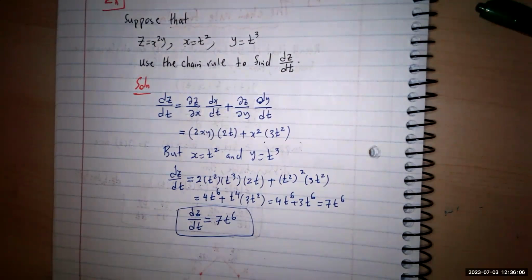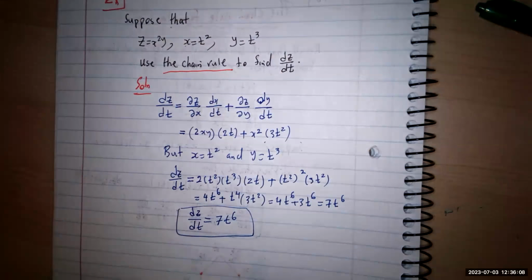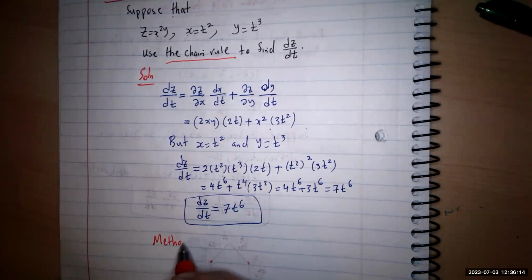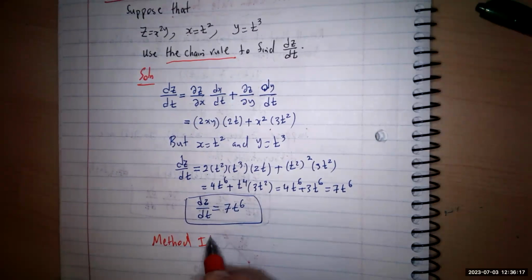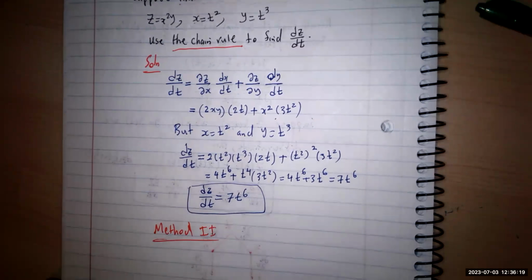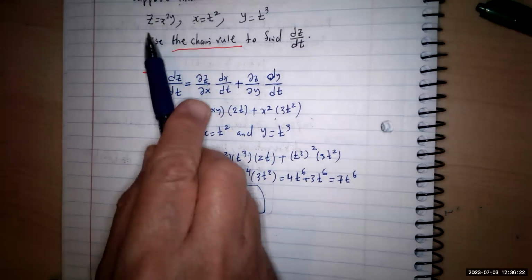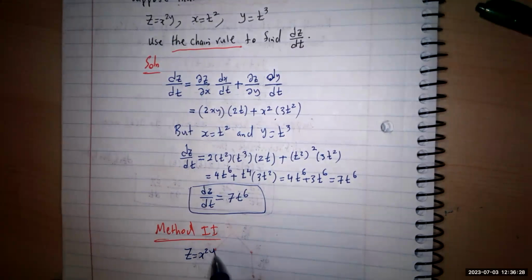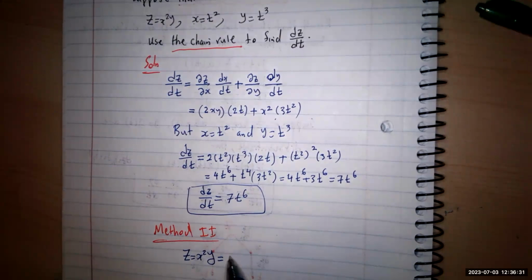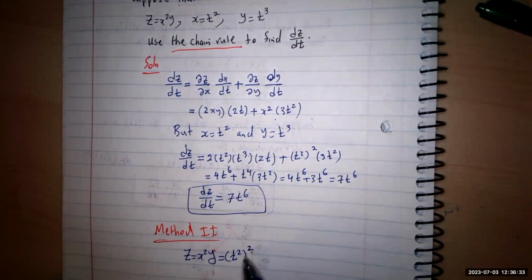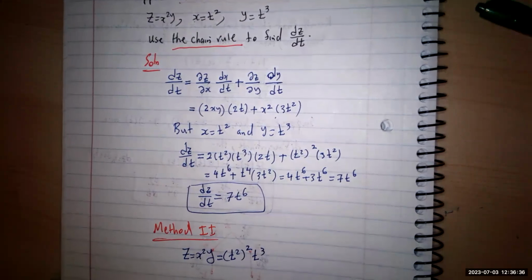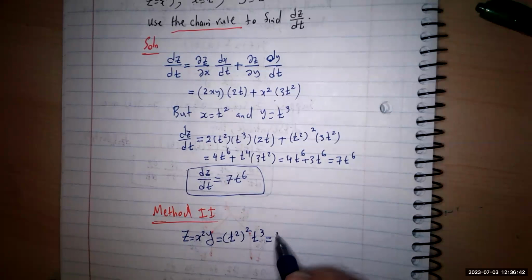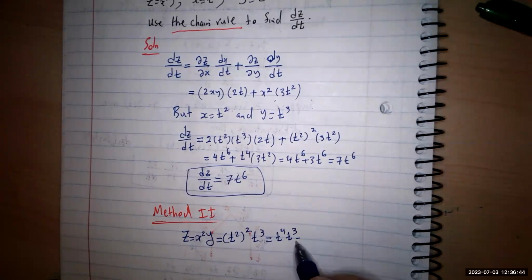And you know there's a method 2 for this. Of course, they ask for the chain rule just to warm up for the main chain rule. But if this problem was given to you before, let's see method 2 without the chain rule. You just find z first. Z is equal to x squared y. Substitute: x is t squared, so t squared times y, t cubed. That's t to the 4th times t cubed, which gives you t to the 7th.